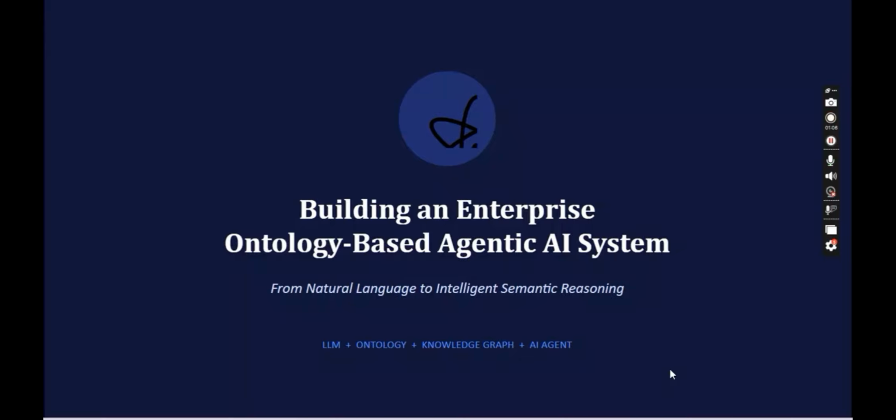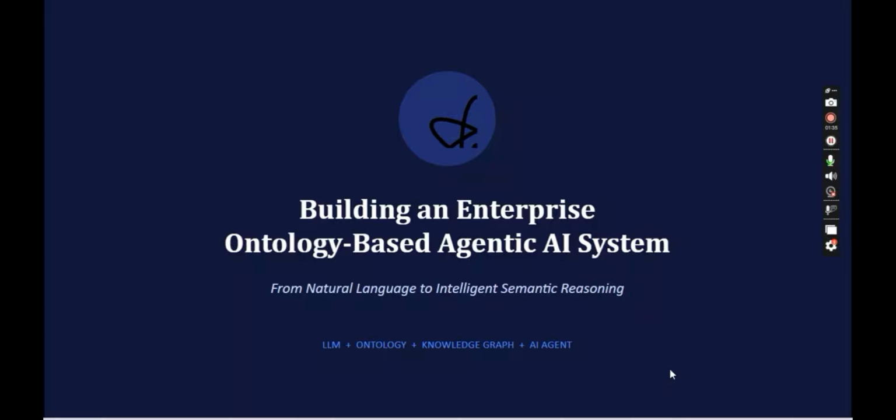So let's start. I'm really excited to have you here because throughout this course, we are not going to build another chatbot. We are not going to build another retrieval augmented generation or RAG application. We are not even going to build a simple AI agent. Instead, we are going to build something that closely resembles how enterprise AI systems are designed today.